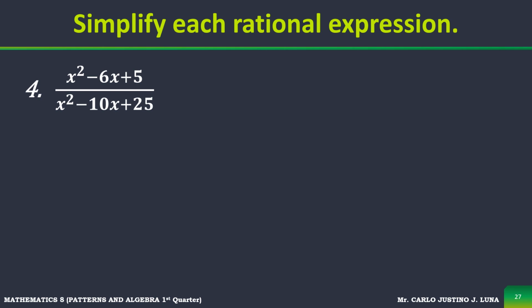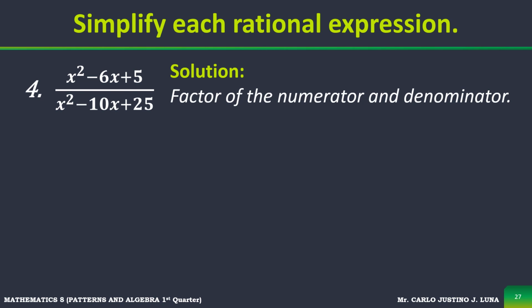Okay, our numerator is trinomial and our denominator is also a trinomial. At dalawa lang yan. Pwedeng factoring perfect square trinomials or factoring general trinomials. Okay, so kailangan alam niyo yung mga factoring techniques na napag-aralan dati. Okay, yung mga na-discuss natin dati.